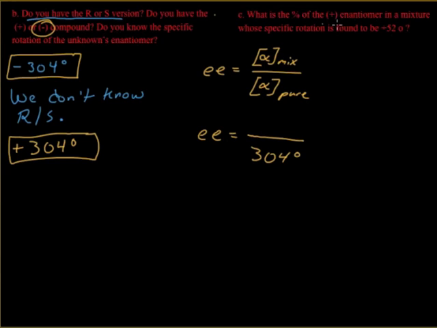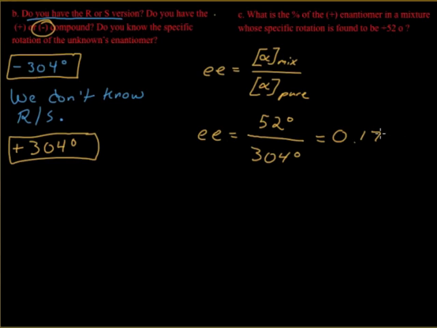And then part C tells us this given mixture had a rotation of 52 degrees. So the enantiomeric excess, what is that? 52 divided by 304, well, that equals, I'm getting 0.17, let's just leave it at that, 0.17.